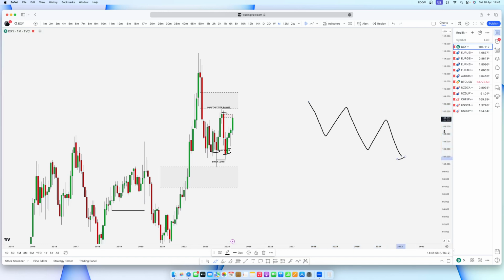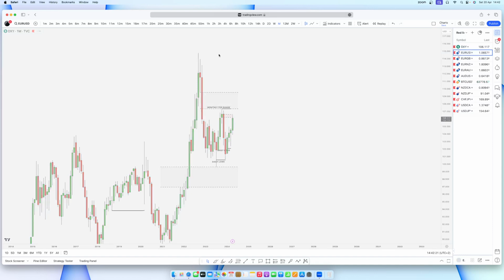So if that should happen, then somewhere in this area fundamental should start to align with technical, and then we can start to see the dollar index sell off. But if that doesn't happen, then most likely we're going to see DXY just go past this area to the upside.